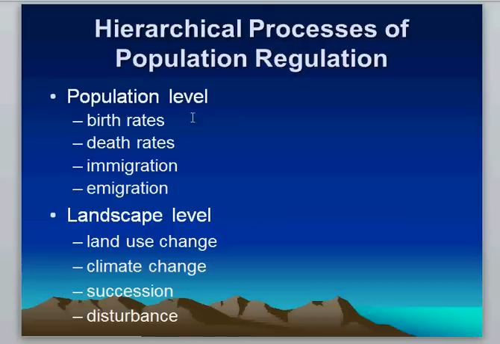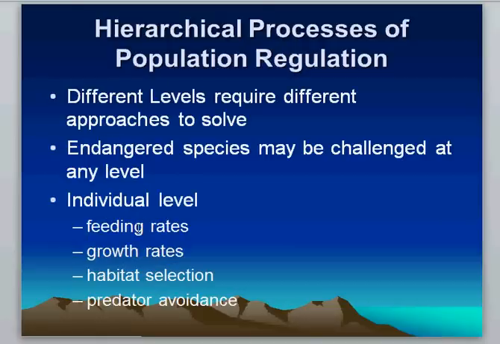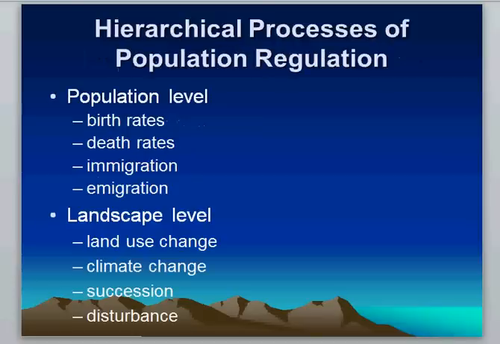Climate change may influence the environments which are found, which again will influence birth rates and death rates and so on. Succession and disturbance will also influence populations as well.